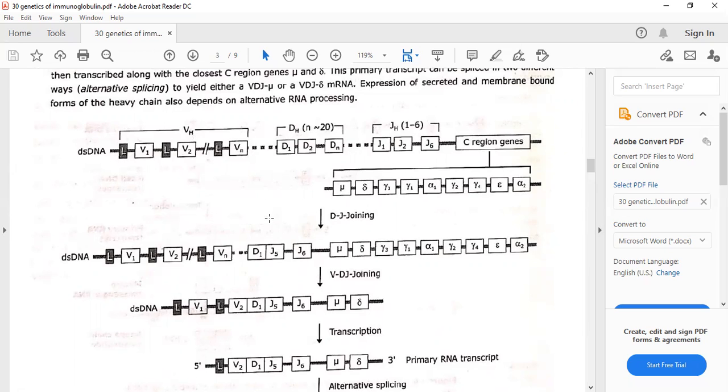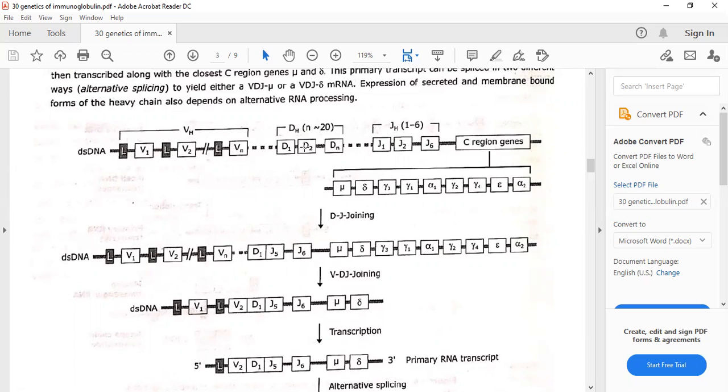First, the D portion and the J portion will mix together. So the first recombination will occur between the D region and the J region. Suppose in the D region, there will be cleavage between D1 and D20.